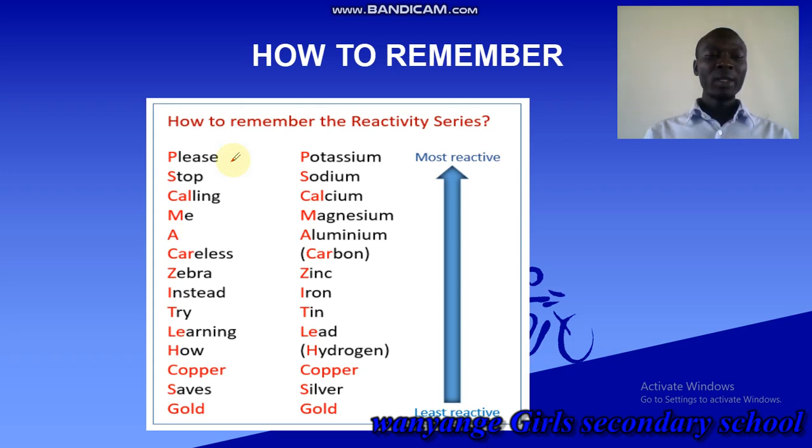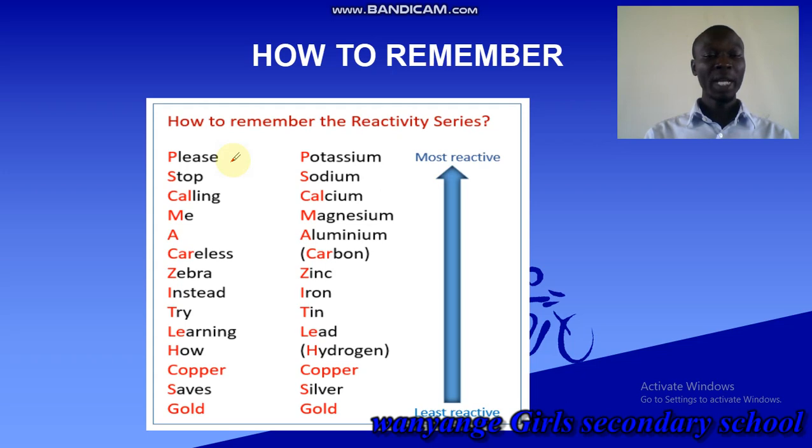So you can just remember this statement and try to compare. Please, the P there stands for potassium. And it doesn't mean that the symbol of potassium is P. The symbol of potassium is not P, it is K. Okay? And then the S in stop stands for sodium.